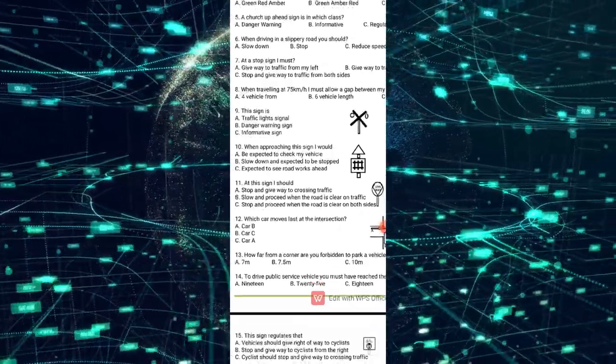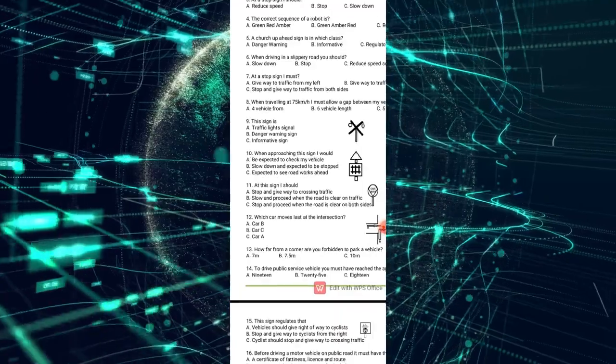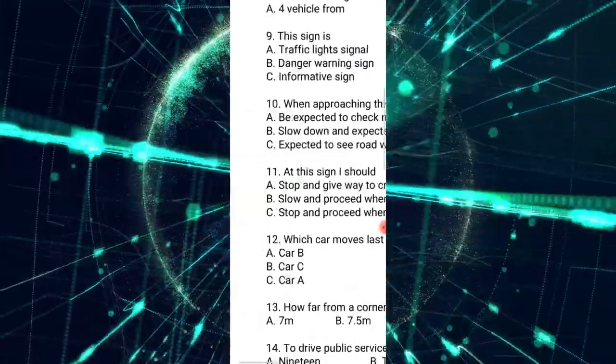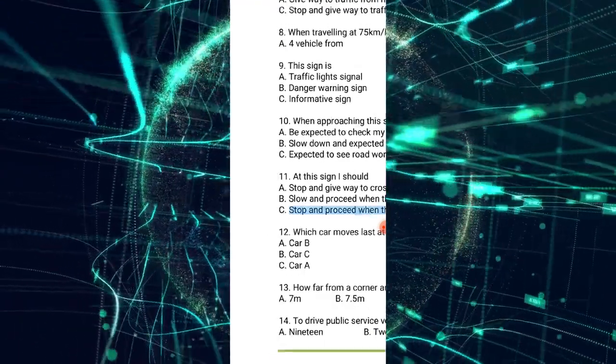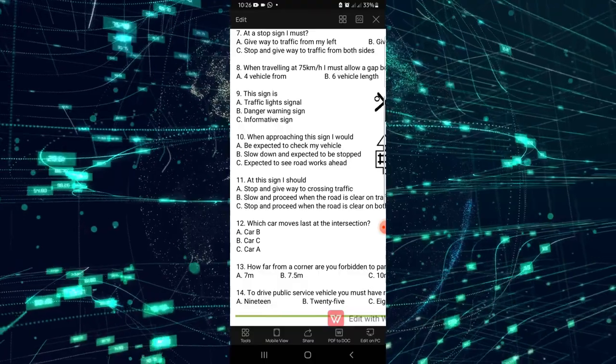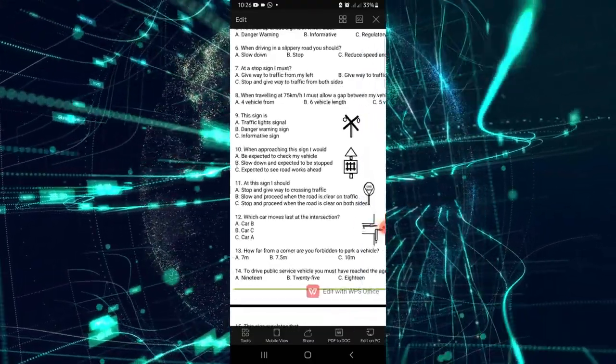C, stop and proceed when the road is clear on both sides. So on a giveaway sign, you slow down. So the correct answer here is B, slow down and proceed when the road is clear of traffic. So the correct answer for number 11 is B.